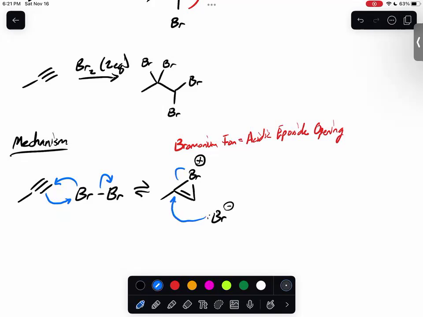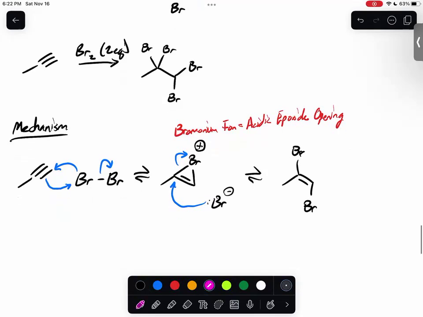And that is what generates our anti-stereochemistry, right? Where one bromine is going to be 180 degrees from the other. And so this structure here, this is where we stop if we have one equivalent.